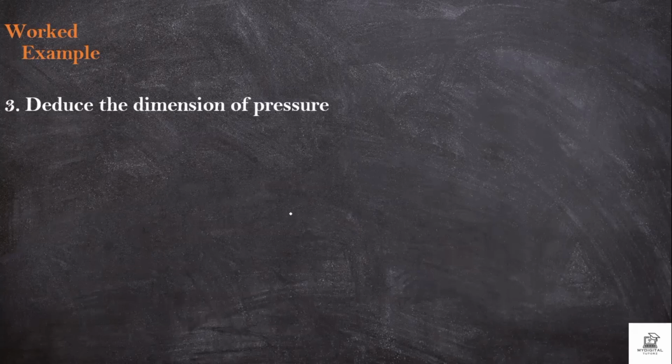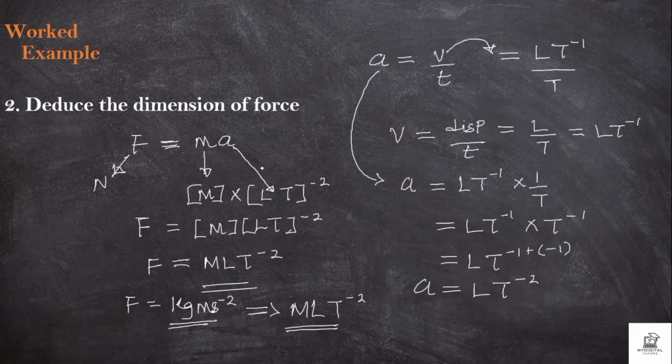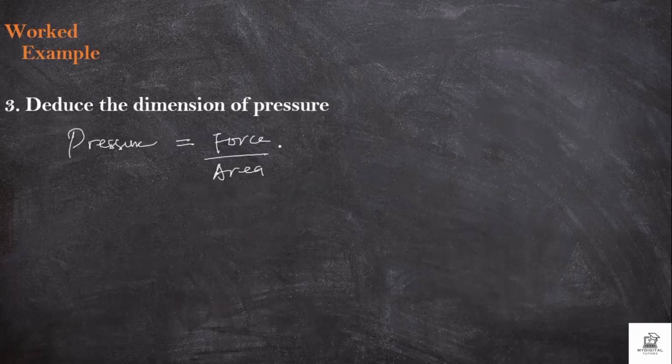Now, the next question said, deduce the dimension of pressure. What is pressure? Pressure is equal to force per unit area. So, assuming you have not gotten the dimension of force, like what you have just done in the previous slide here, you have to work it out before you substitute it into this formula to get the dimension of pressure.